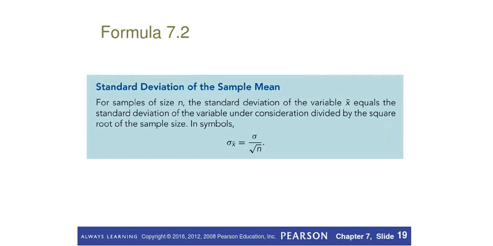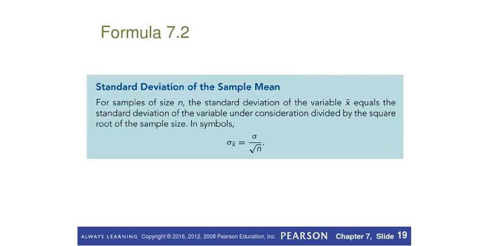So whatever sample size we're taking, the standard deviation of the sample means is the standard deviation of the population divided by the square root of n. And that's an amazingly important fact.